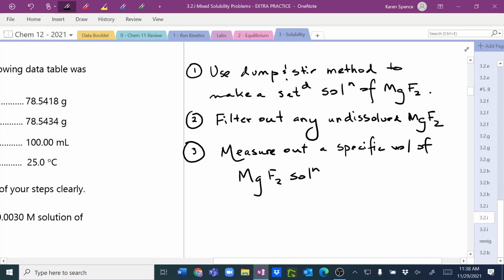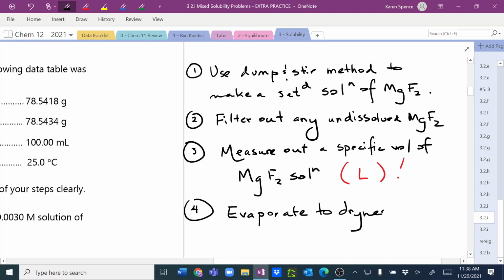If you measure out a specific volume of the MgF2, that will give you liters. Yes? And what else are you going to need to have the solubility? You're going to need moles per liter. So you can then evaporate this to dryness, and measure the mass of the solid left behind.